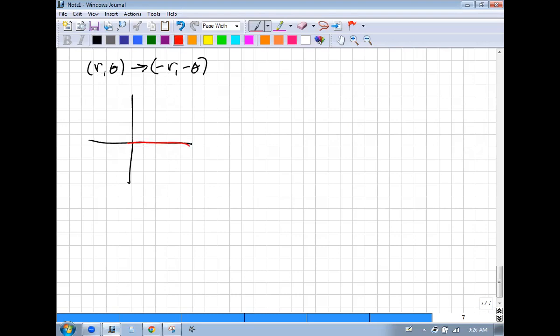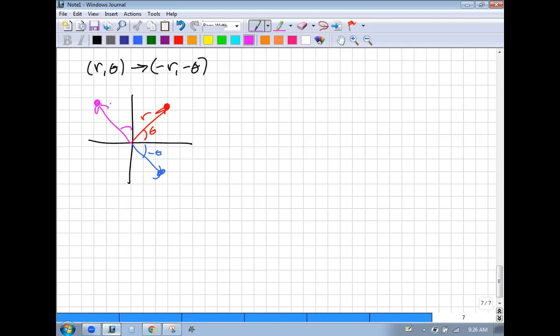Well, what does this mean? Remember, this is your theta equals 0, and then here's r equals 0. So symmetry is going to be weird here, but let's say I have a point. Here's theta, here's r. If I switch theta to minus theta, I'm down here. Now if I switch r to minus r, I go up here.